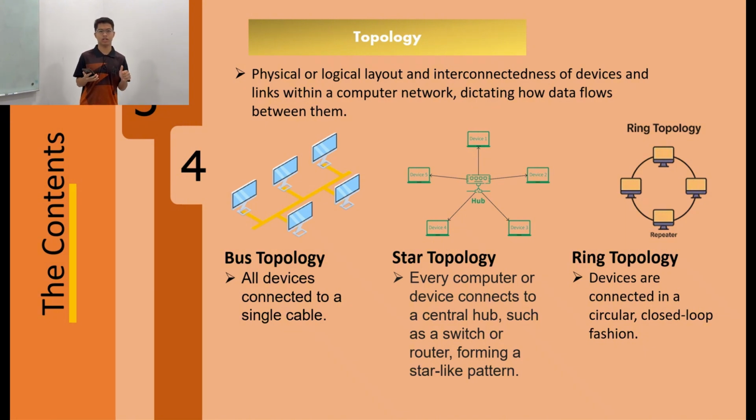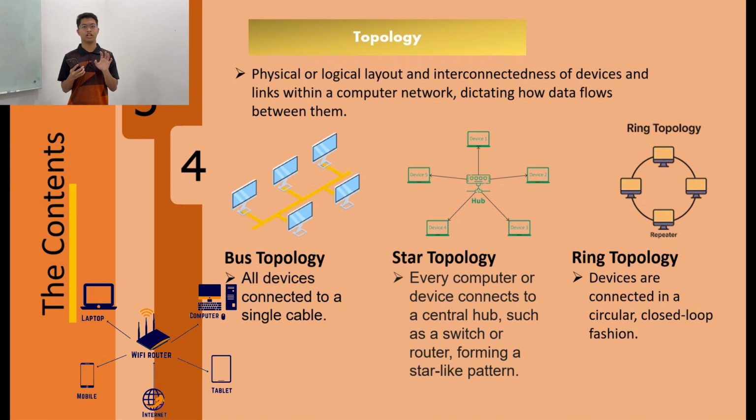So next I will introduce star topology, in which all devices are connected by a central hub. For example, nowadays the Wi-Fi router is the main thing that uses this star topology. If the Wi-Fi router is broken, all the devices cannot connect together.